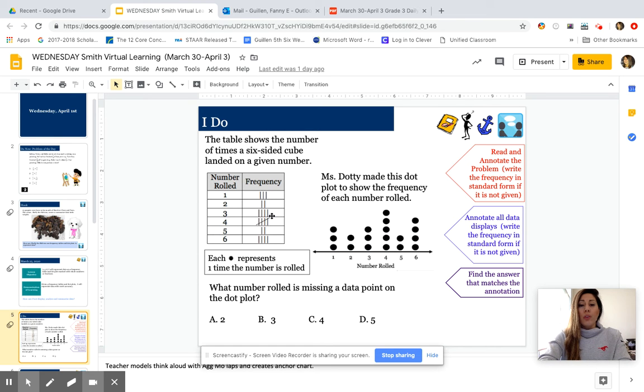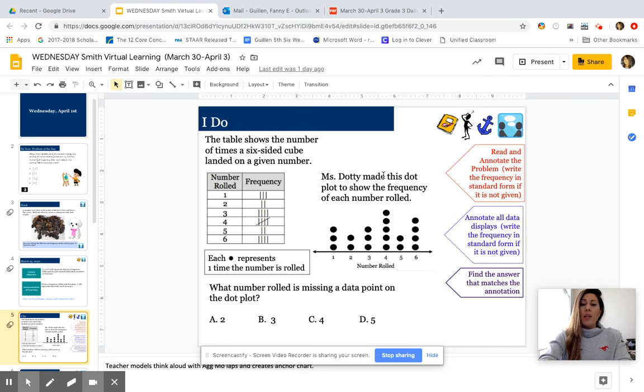The 3 rolled 4 times. The 4 showed up 5 times. The 5 showed up 2 times. The 6 showed up 4 times. So this is the number that was rolled, and that's how often that number appeared.